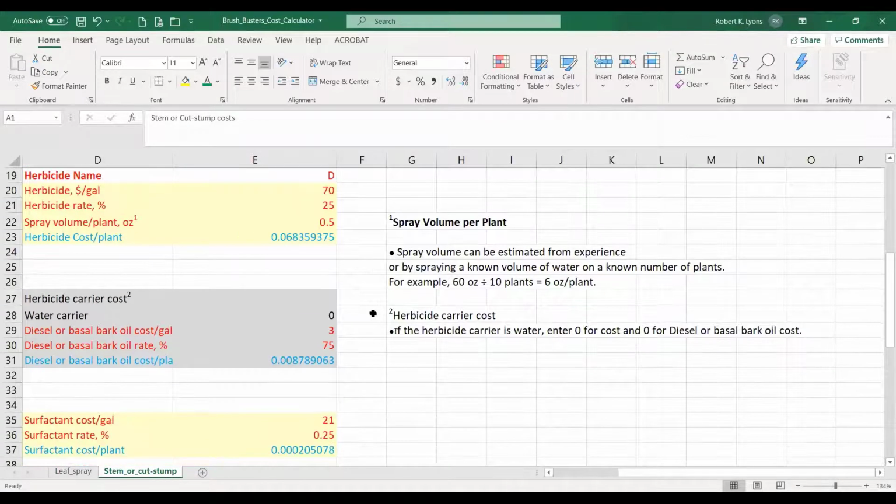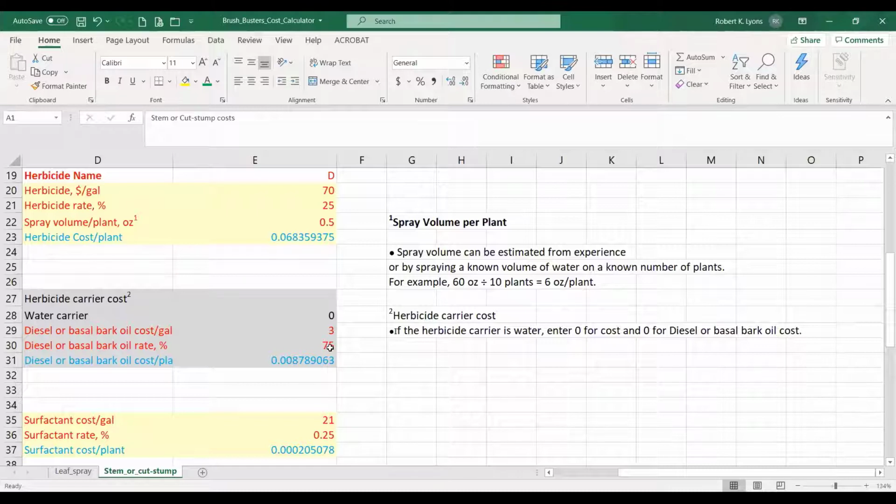And then in this case, we've got a water carrier that, for Envora, for example, would be a zero cost. In this case, we're going to use diesel at $3.